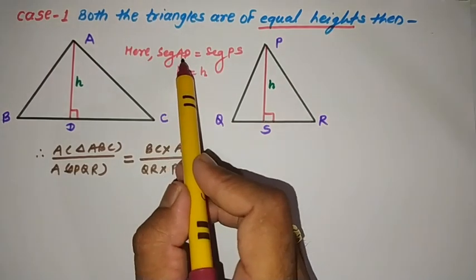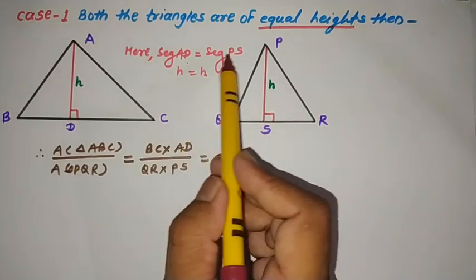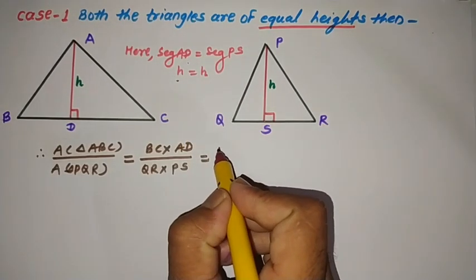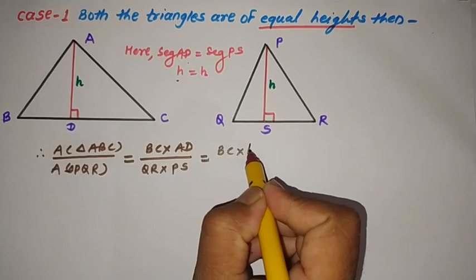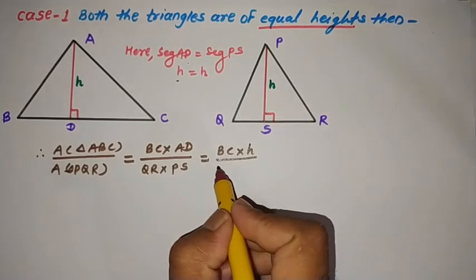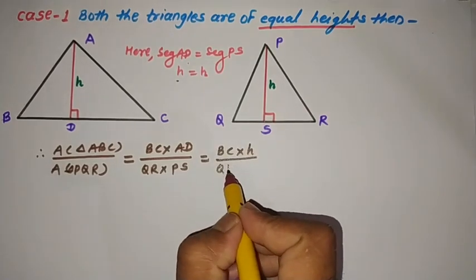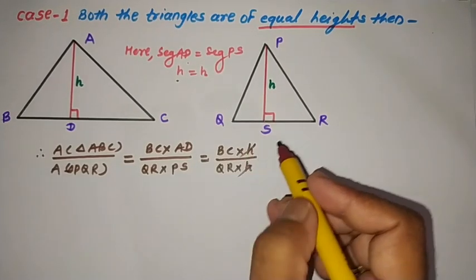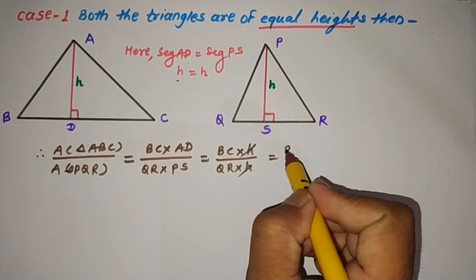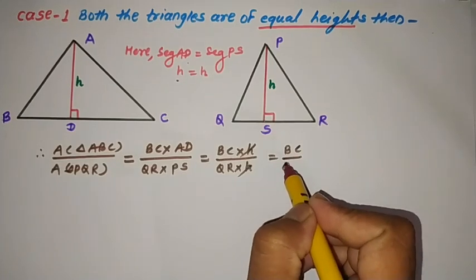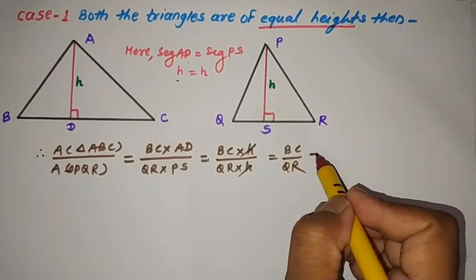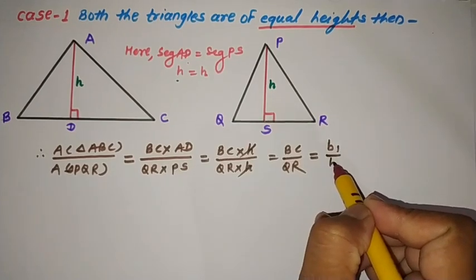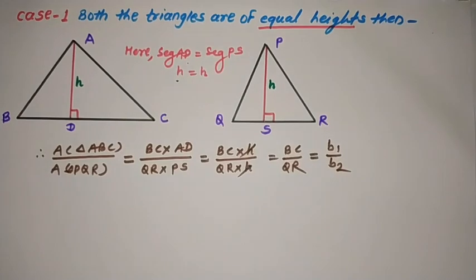Therefore, segment AD and segment PS heights are equal, so BC into H upon QR into H. Height cancels, remaining BC upon QR. Here the first base is B1 and second is B2.